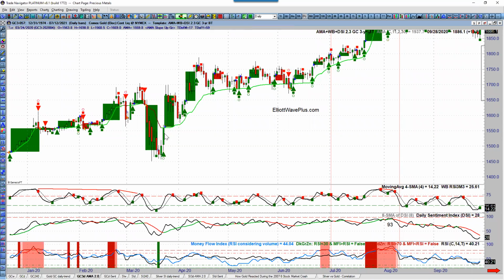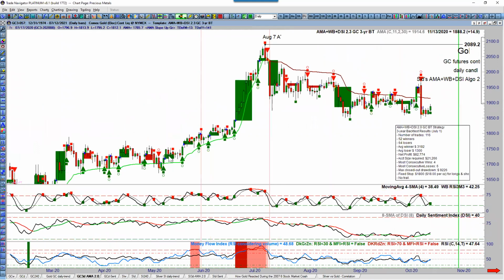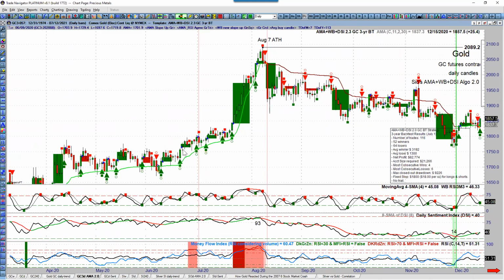And then the next big winner was a long. Then it made another big winner on a long. It had a few alternating winners and losers for a little while during a sideways period, and then made money only on long positions going up. It would only take longs as long as this adaptive moving average was green.